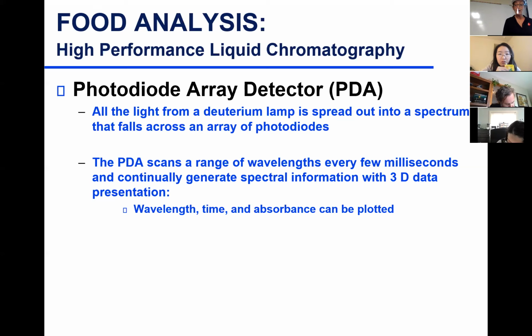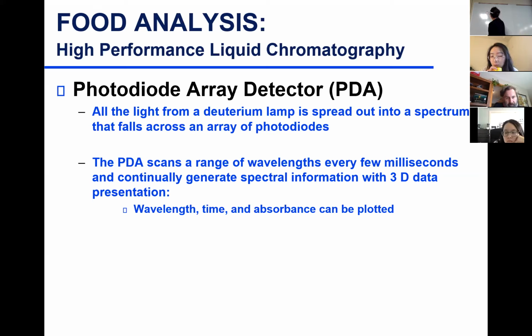How it works, I will briefly talk about it here, but then next week when I start talking about spectroscopy, I'll dive more into the detail of how UV spectroscopy goes. But let's see here. I'm just going to use the board again here. So you have your lamp. My drawing is poor, but this is your lamp.